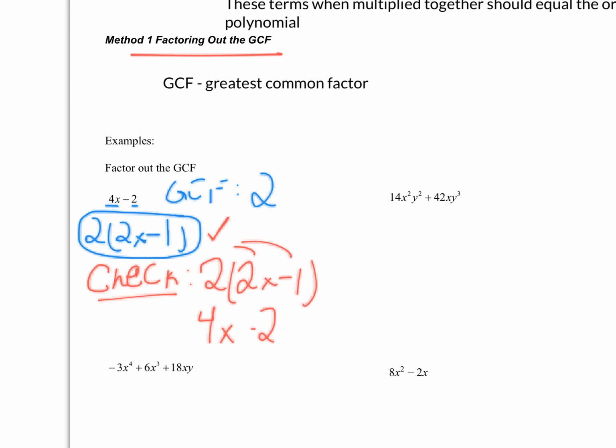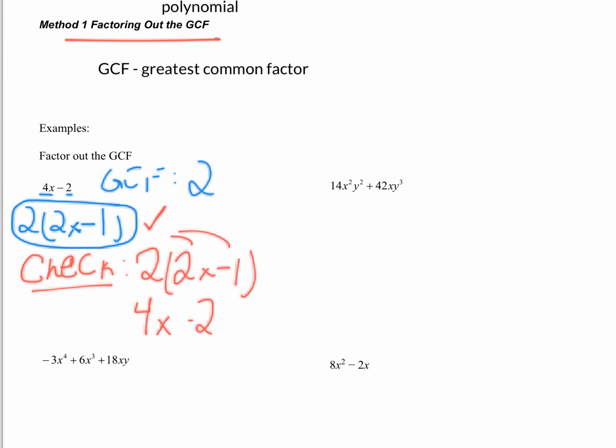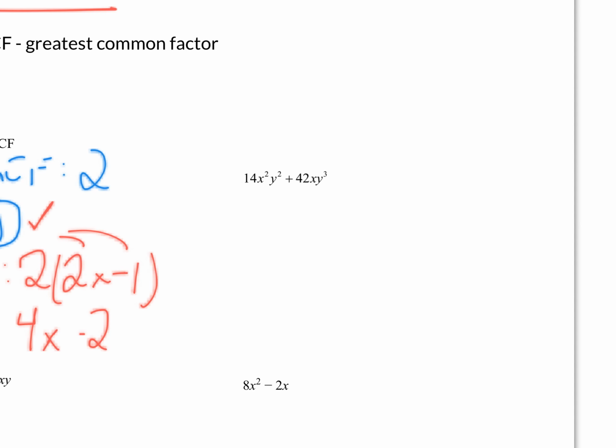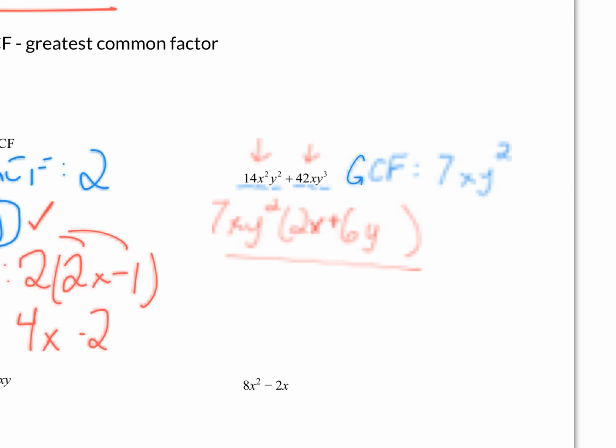Let's look at the one to the right of this. We need to know our GCF. So what numbers do these have in common? Well, I can definitely divide out a 7 from 14 and a 7 from 42.